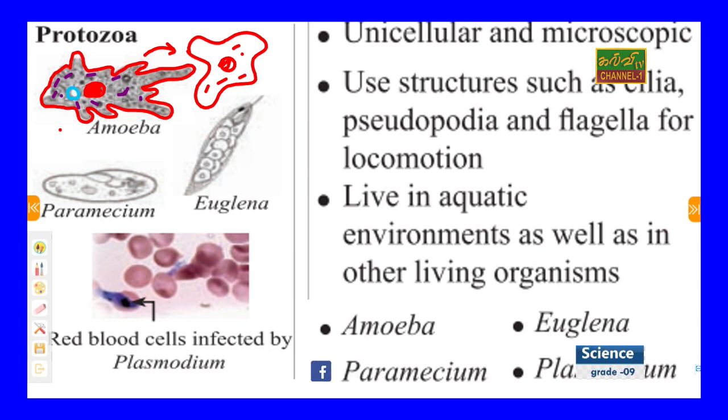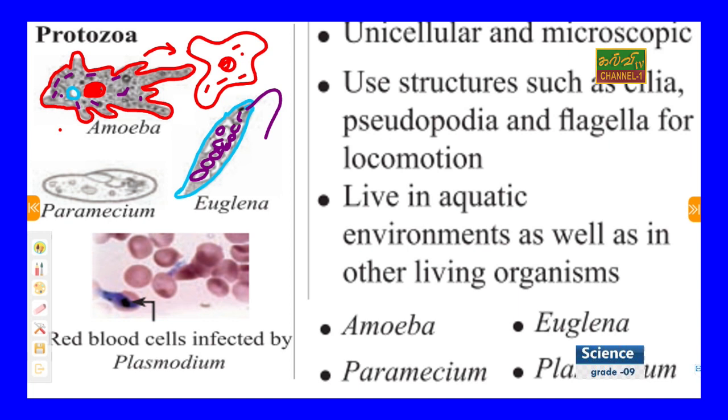This is the second one, euglena. Euglena is also unicellular. Inside, some particles are found with the nucleus. This is inside the organism, and some external growths are found.